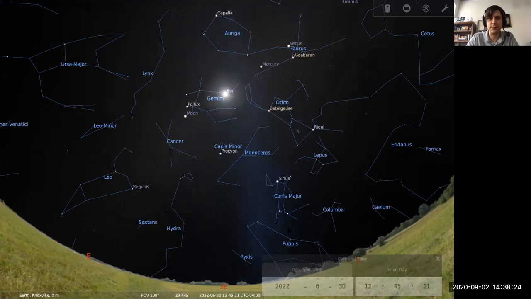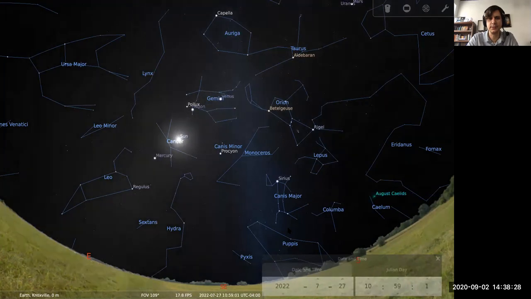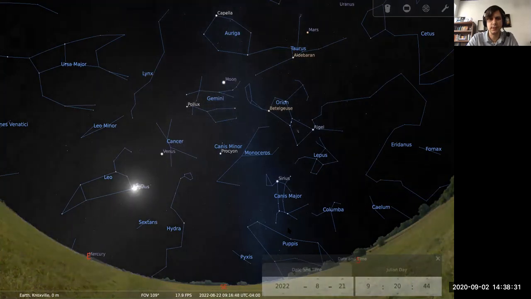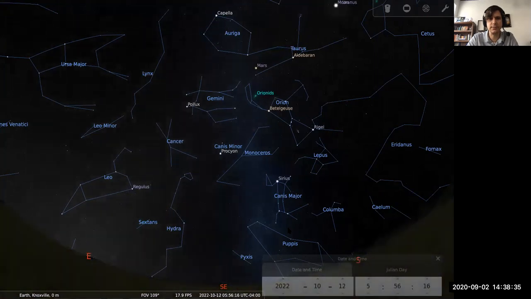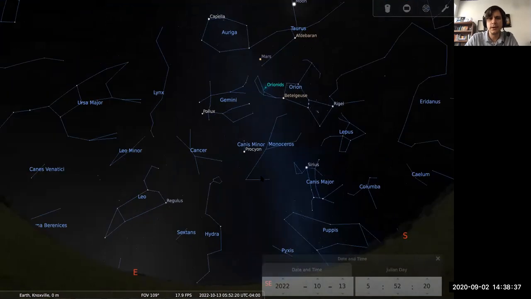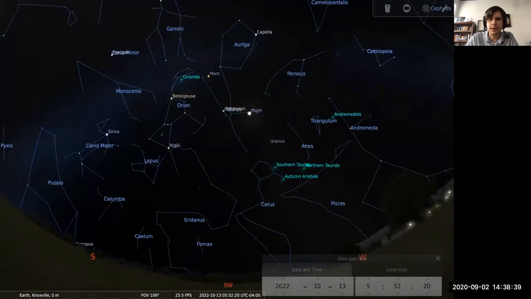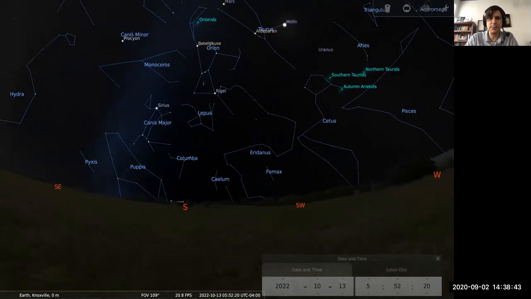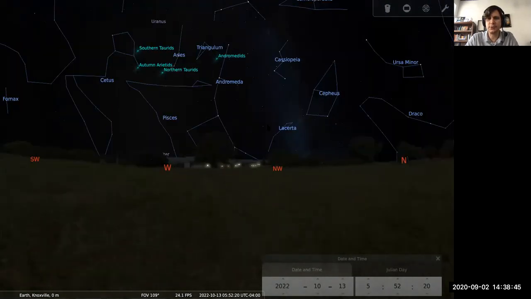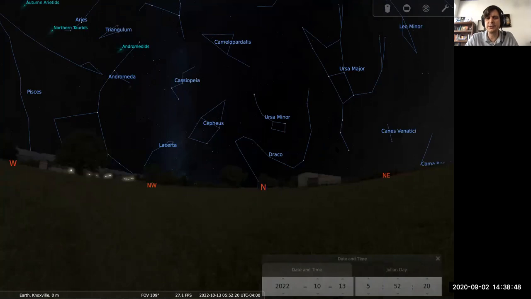So now I'm advancing time by the sidereal days, so we can see everything nice and smooth. All right, so now you can see what the sun's motion is throughout the course of the year. You can see how the stars are moving a little bit westward over the course of the year.